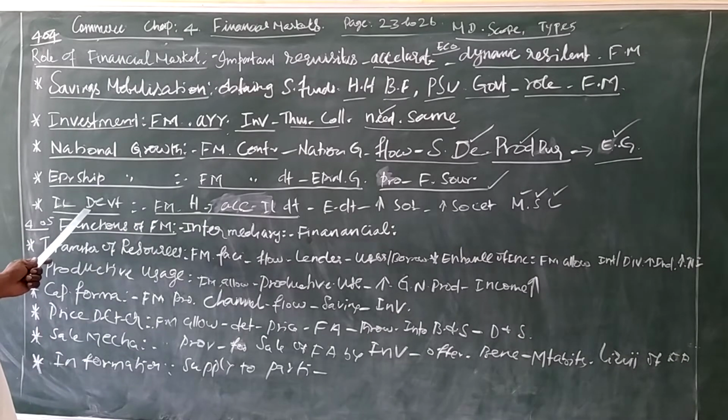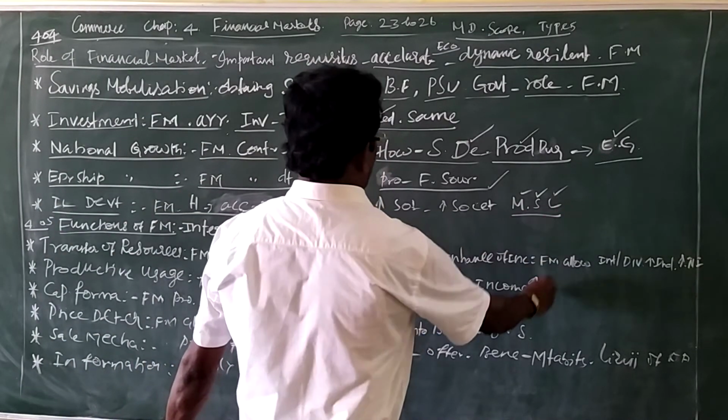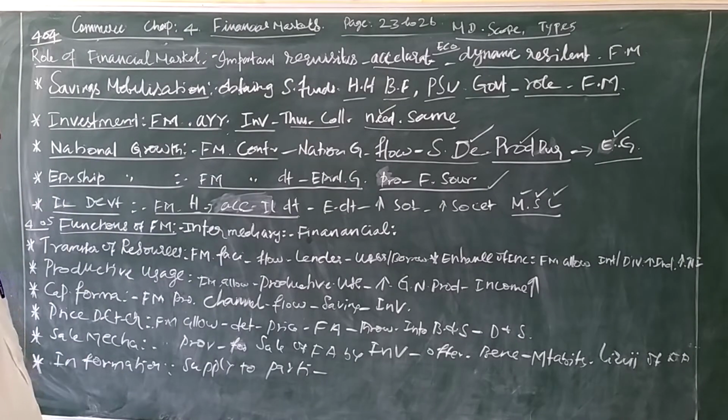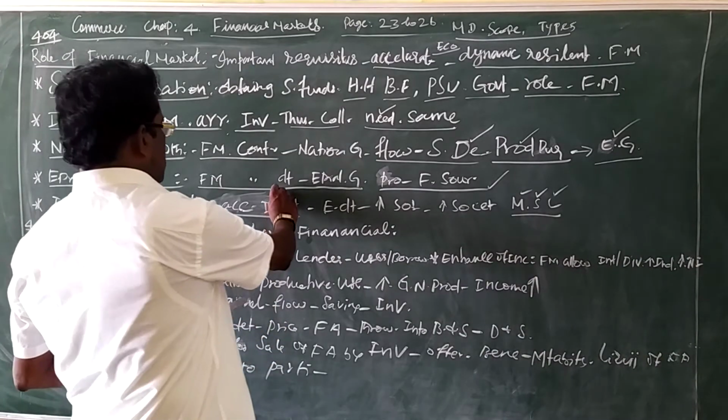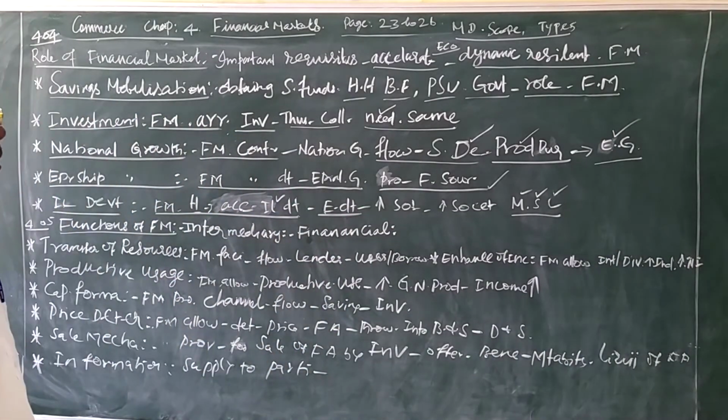So the overall industrial development takes place by way of providing various sources of finance. That is possible by the role of the financial market. Once industrial development takes place, it will lead to the economic development of the nation.